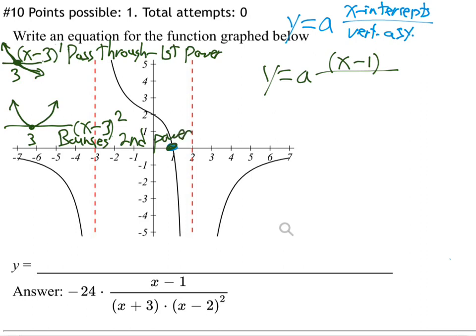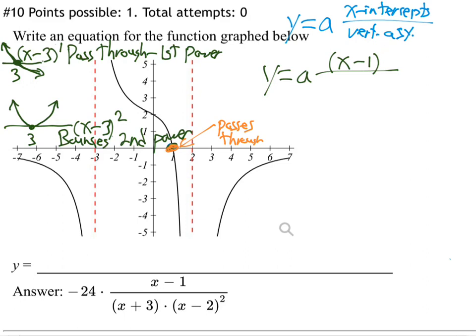Second power, right? Because it's like an x squared curve. It bounces. Okay, let's keep that in mind. Now this one, what? This one passes through. So it's just first power. So just first power, you don't even need to write a 1. It's understood to be first power.